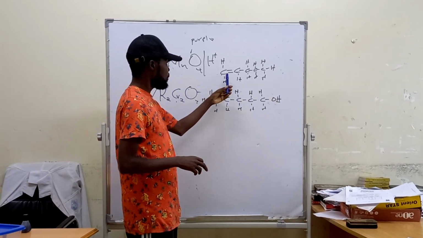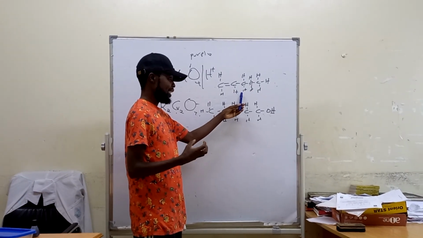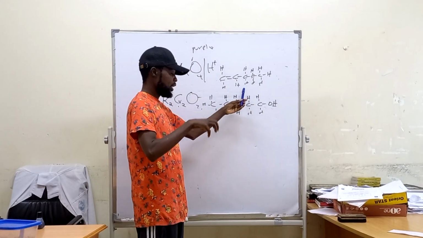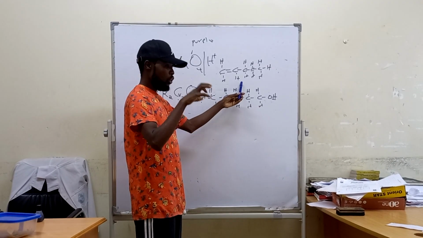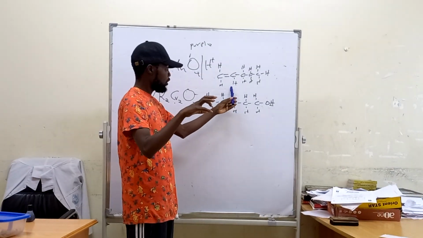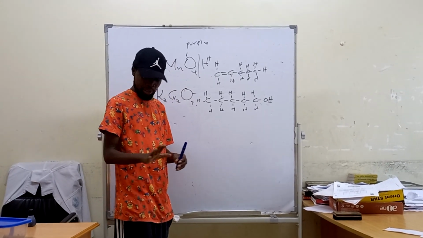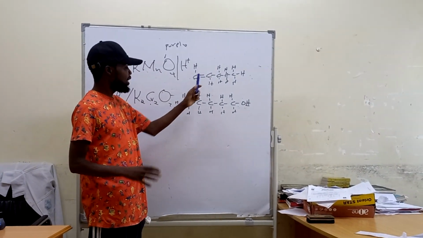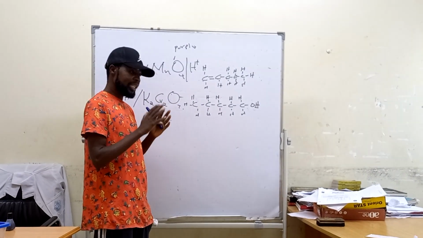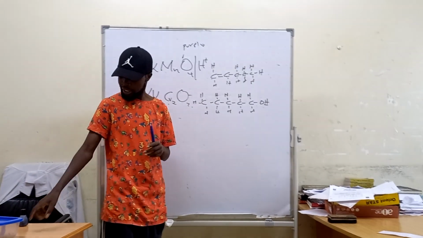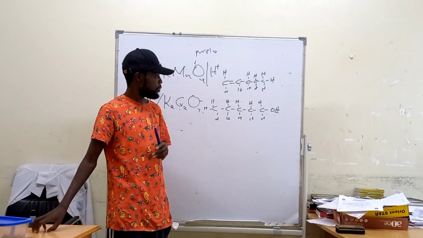But if I add dichromate to the alkene and heat, the color will not change immediately from orange to green. The color of dichromate will not change. But if you take dichromate, add it to this and give it time, maybe like 7 minutes after heating, you will find the color changes from orange to green.